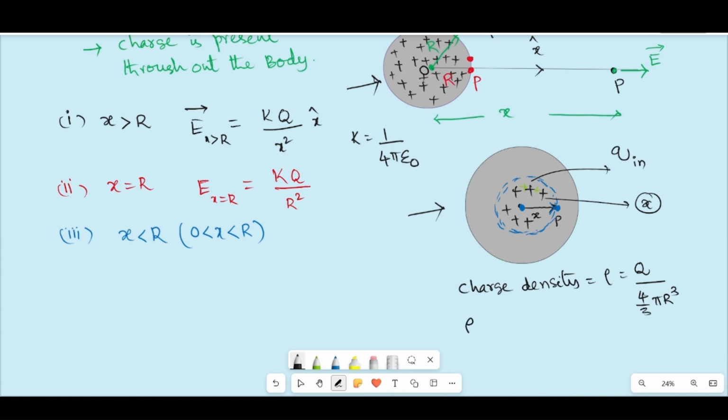That means rho is q by 4 by 3 pi r cube, and also q inside divided by 4 by 3 pi x cube, because the radius of the smaller inside sphere is x.